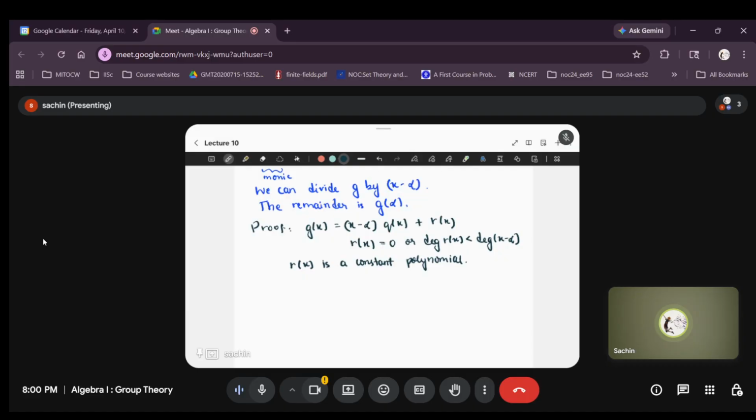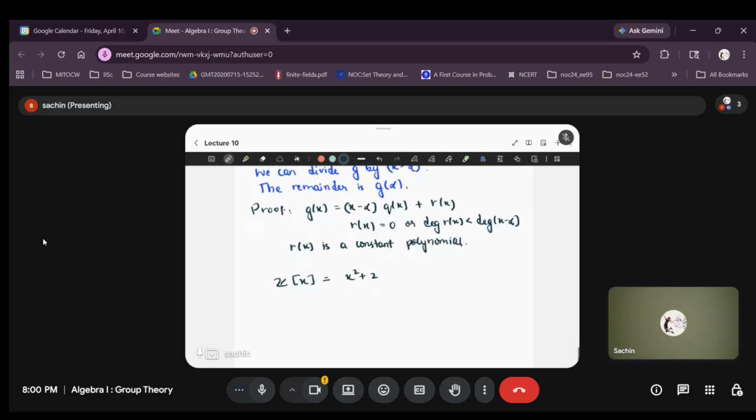suppose you have a polynomial in Z[x], x square plus 2, let's say. You could evaluate this at a real number also, right? Suppose f of x is x square plus 2, which belongs to Z[x].